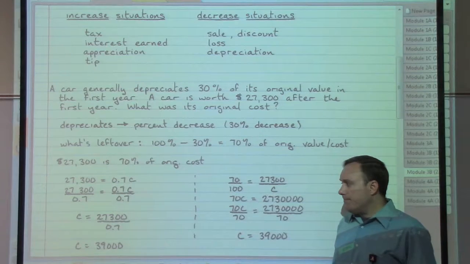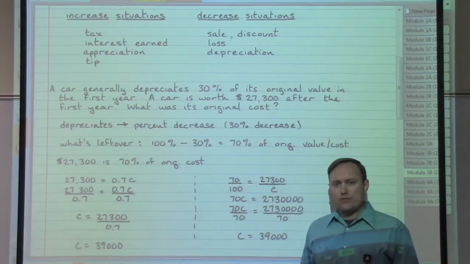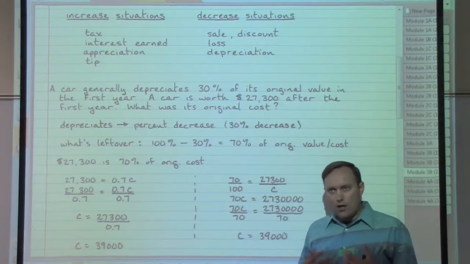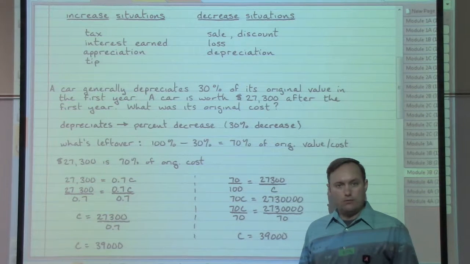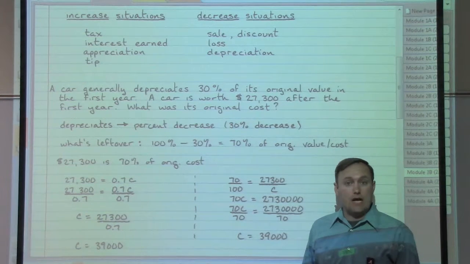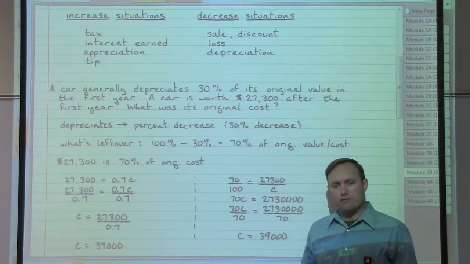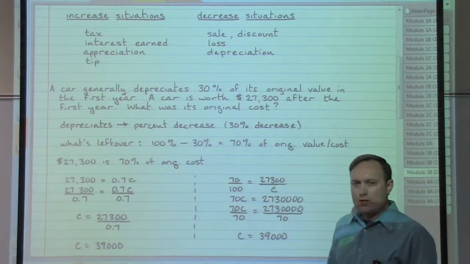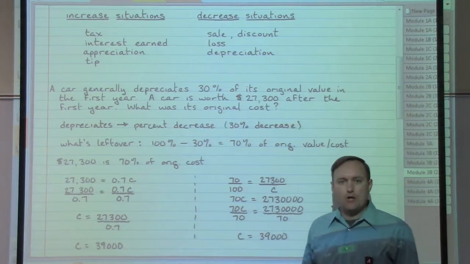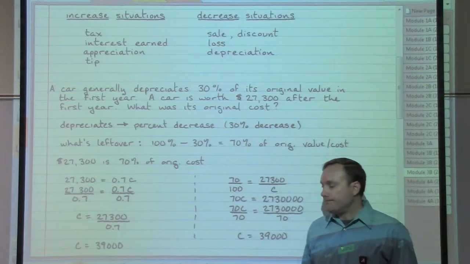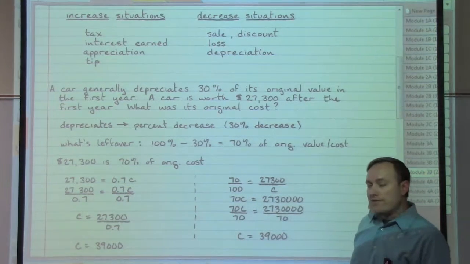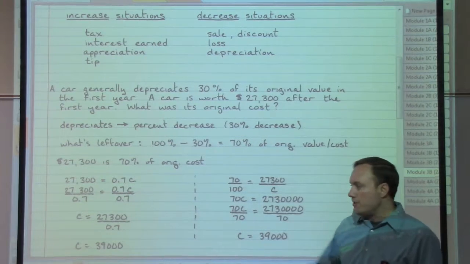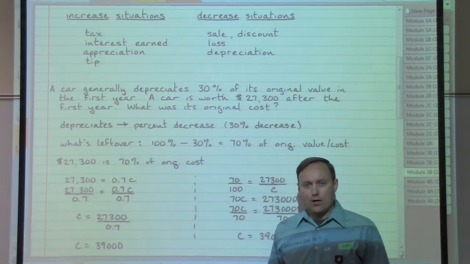Most importantly, I don't have an answer that's unrealistically small. Like for instance, 3,900 wouldn't fit. My original value has to be higher than the 27,300 that they gave me. 3,900 as an answer would not work.